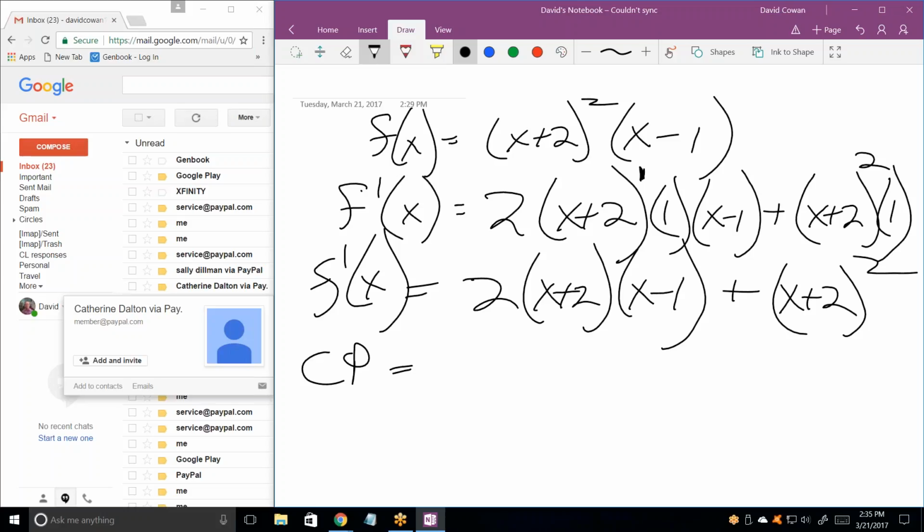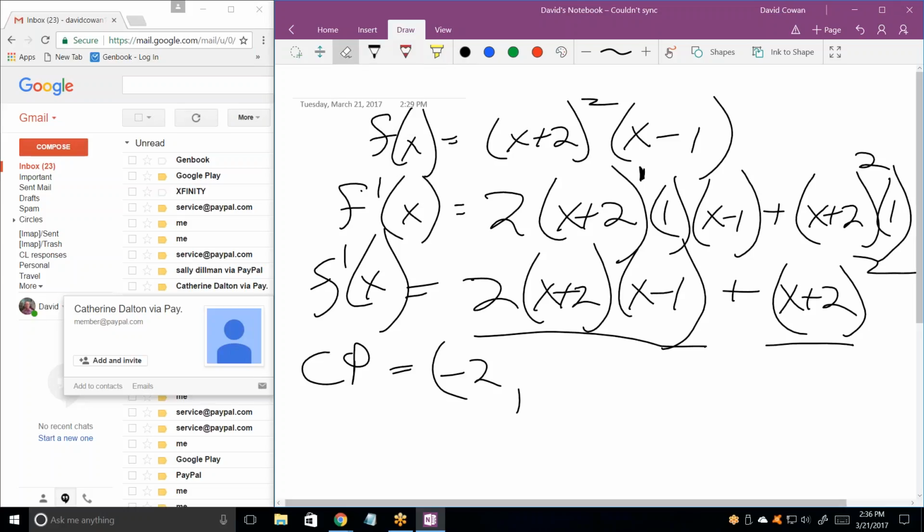Okay, so -2 and 1 and 0. -2 certainly is a point. 1, I don't think the first derivative is 0 at 1. At -2, that term is 0 and that term is 0. So -2 is definitely a critical point. But notice that 1 only makes that term 0.